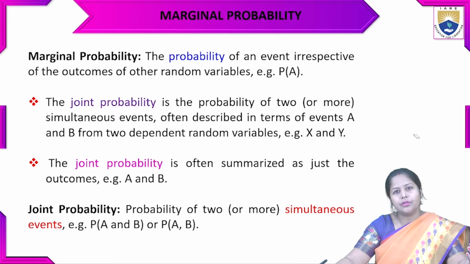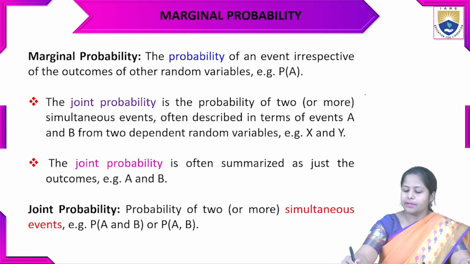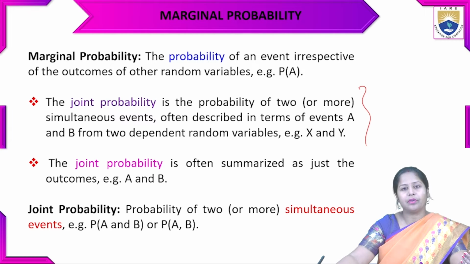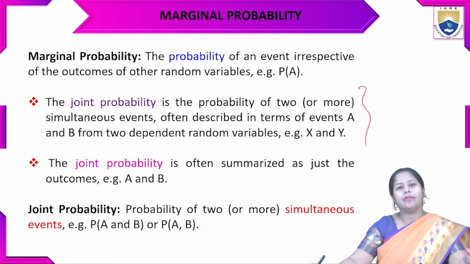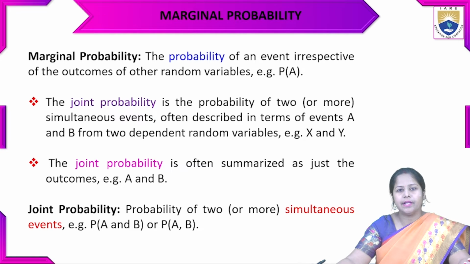Here the joint probability is the probability of two or more simultaneous events, often described as event A and B from two dependent random variables.